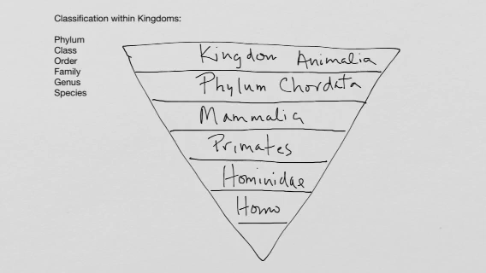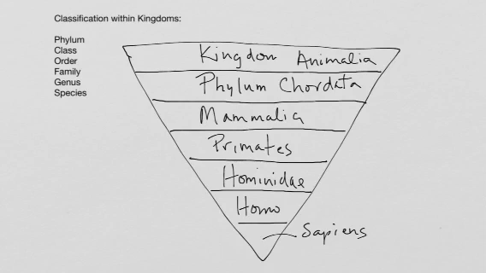So getting back to humans, within a genus, we can have a variety of species. For humans, the species here ends up being sapiens. Now this is the actual scientific classification of human beings.